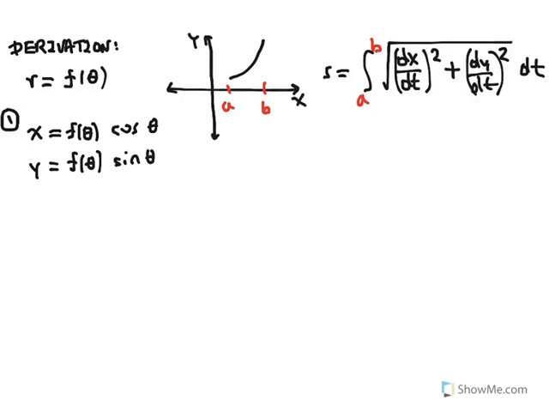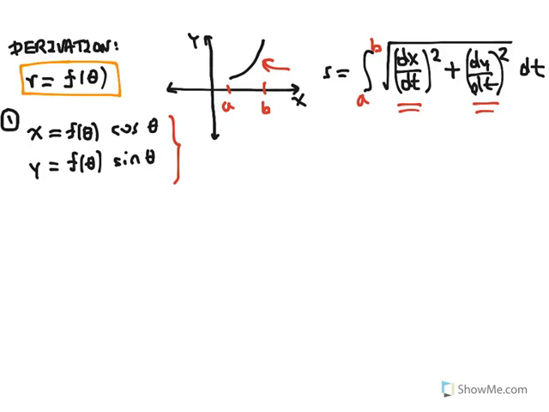So if we want to find the arc length of this curve given by our set of parametric equations, we need to find dx dt and square it. We need to find dy dt and square it, so that we can substitute that information into the integral. And one thing that you should realize is that this is the same problem that we're trying to work on right now.